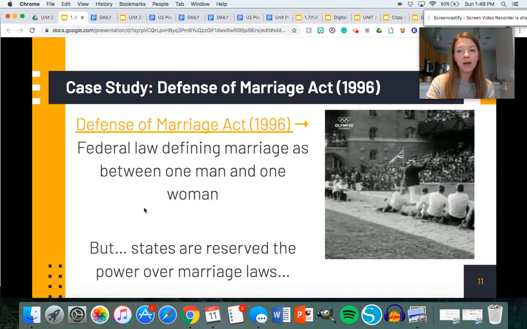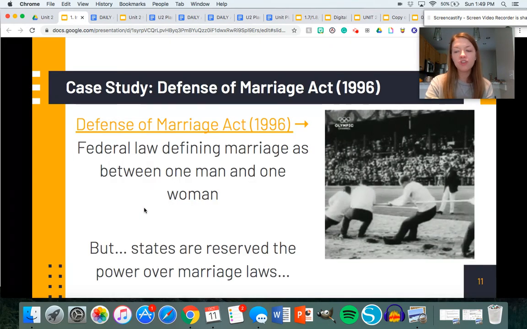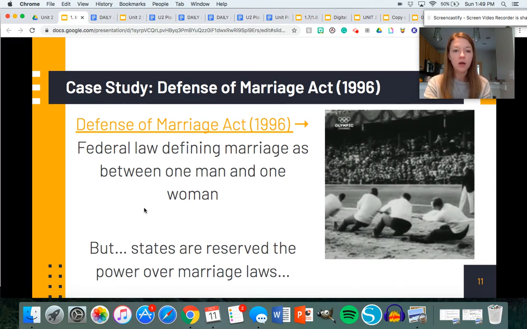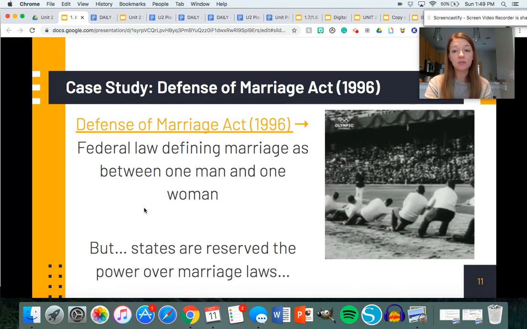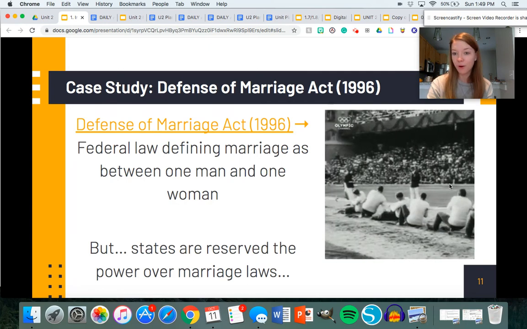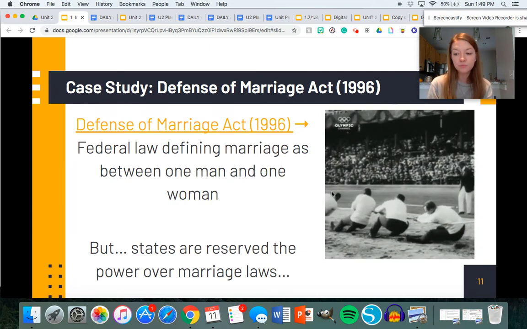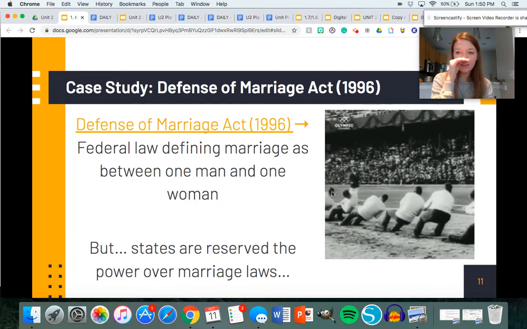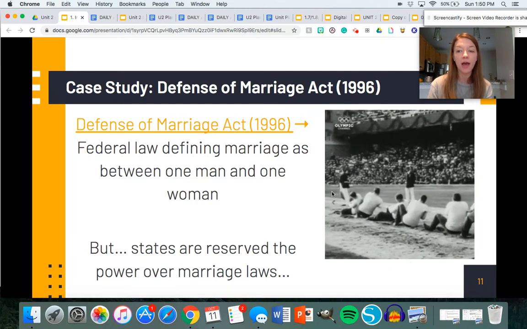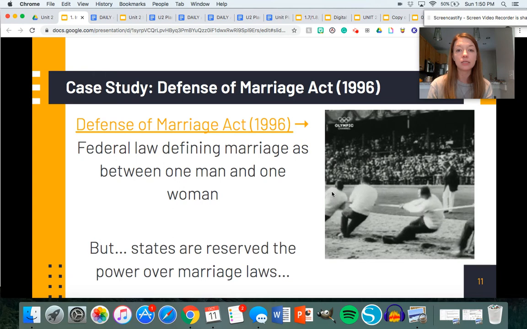Now, I want to talk about a case study because we've been mentioning this like balance of power, and that can actually cause some tension or a tug of war, so to speak, between our national and state governments. So the case study that I want to talk about is the Defense of Marriage Act that was passed in 1996.